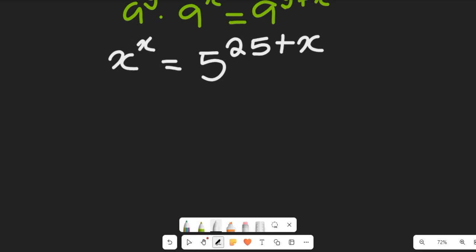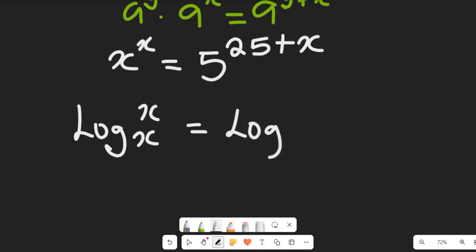Now if we take the log of both sides, we're going to have the log of x base x equal to the log of 5 to the power of 25 plus x, base 5.